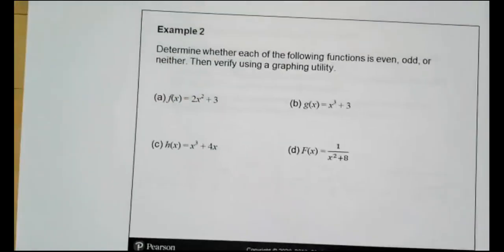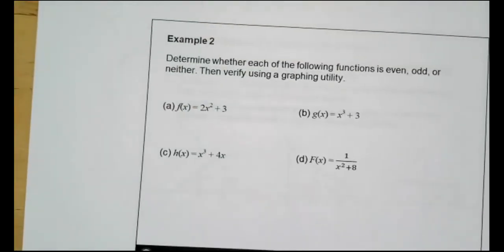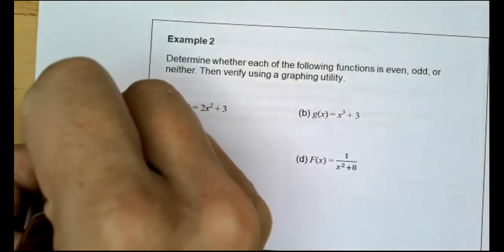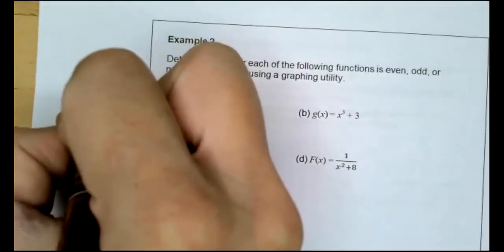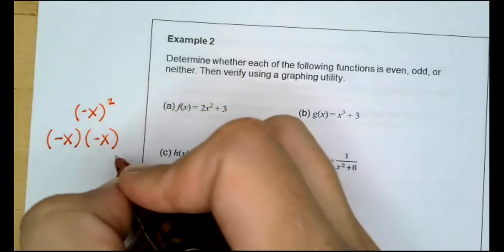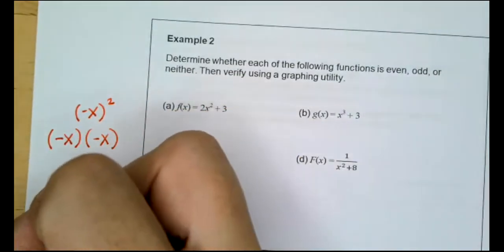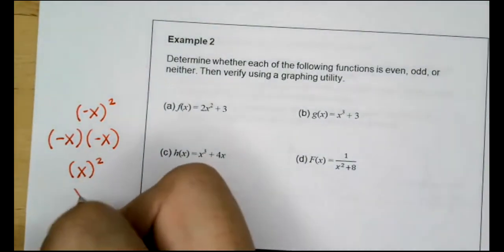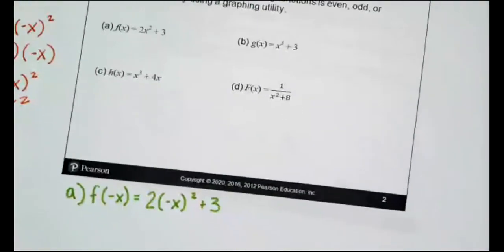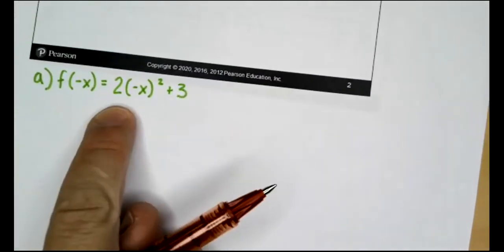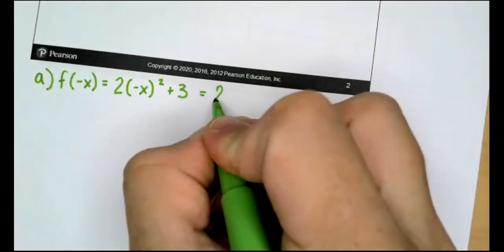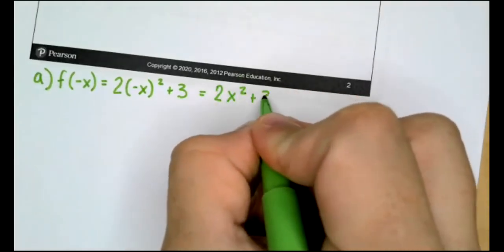So over here, let's remember what happens to negative x squared. Negative x times negative x, and negative times a negative is a positive. So we can simplify it to just x squared. So when we say 2 negative x squared, I can simplify that to 2x squared plus 3.